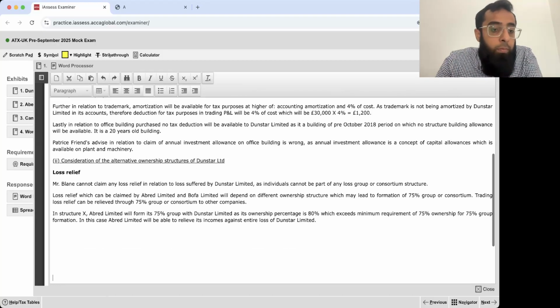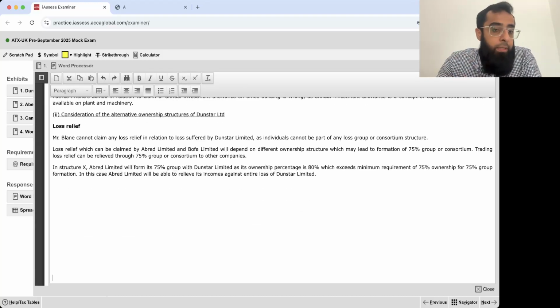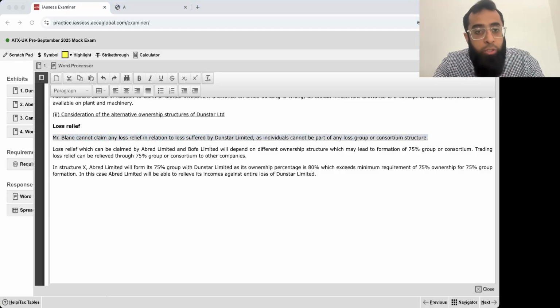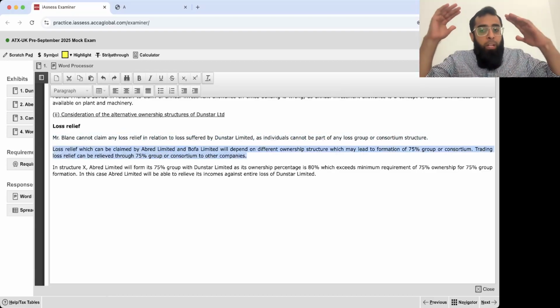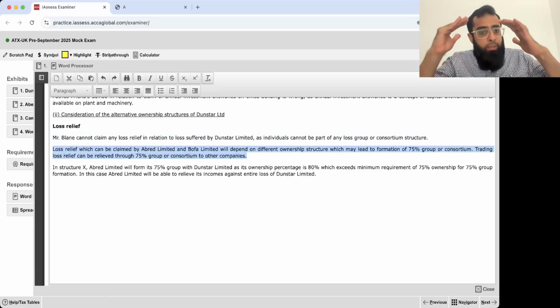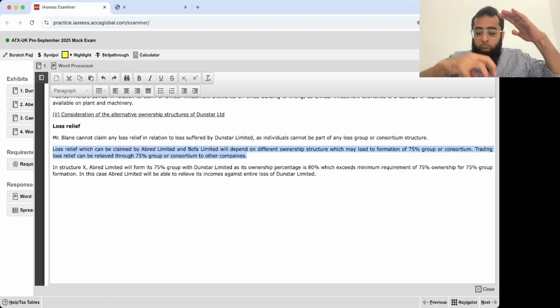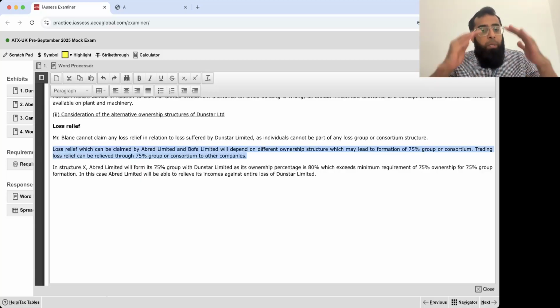See, just try to understand. An individual cannot be part of these loss groups or consortium. Now, Abrid and BOFA are two parents which have the shareholdings. So they are accessing the loss of Dunster. Abrid and BOFA own Dunster, which has the loss. So whether it's a 75% group or consortium, that we have to look at.